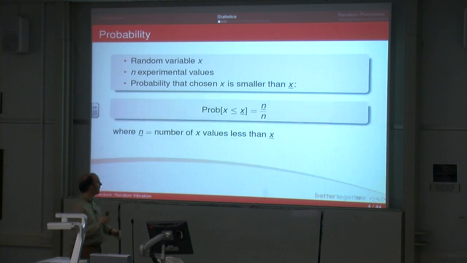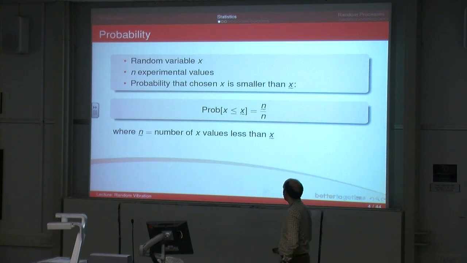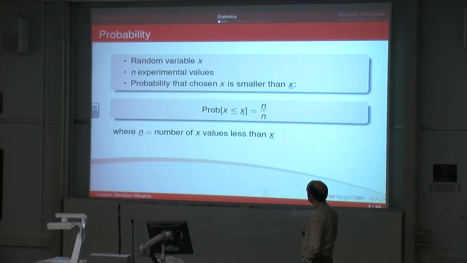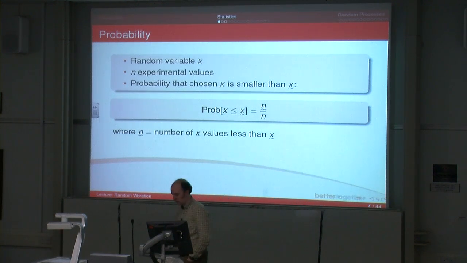I want to work out the probability. You can write Prob, then square brackets, x is less than or equal to x with a squiggle. It's basically the number of samples that are less than 3 over the total number of samples, and that makes sense. Let's assume we've got a square distribution, so there's an equal chance whether it's going to equal 1 or 4 or whatever.